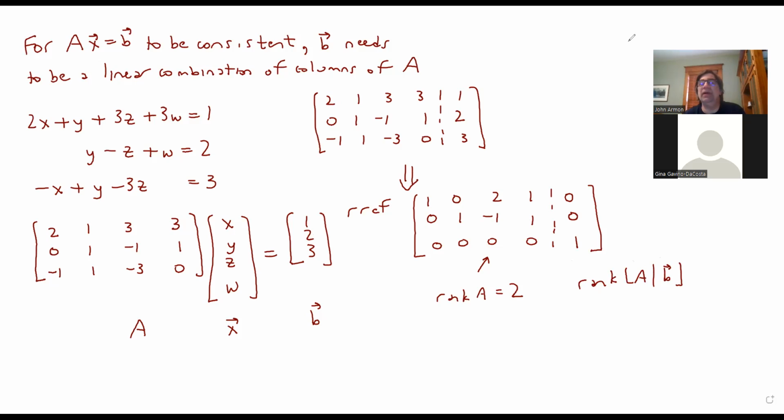It's not really B though, right? Let's call it vector C. Notice that rank is equal to 3. If I were to ask you, will this system have a solution? The answer is no. The last row tells us that 0 is equal to 1, which is a false statement. So from RREF, the original system has no solution.